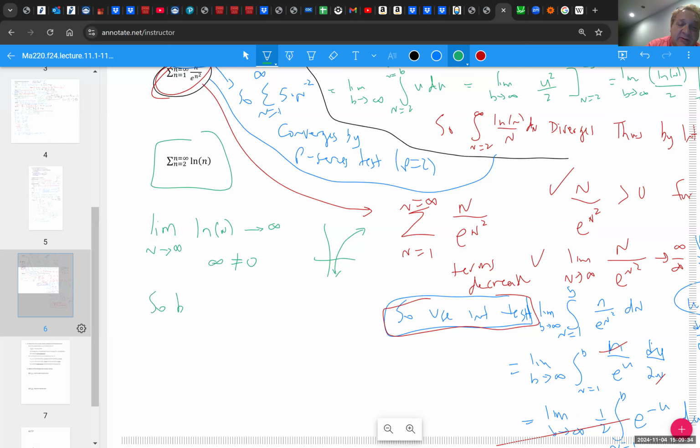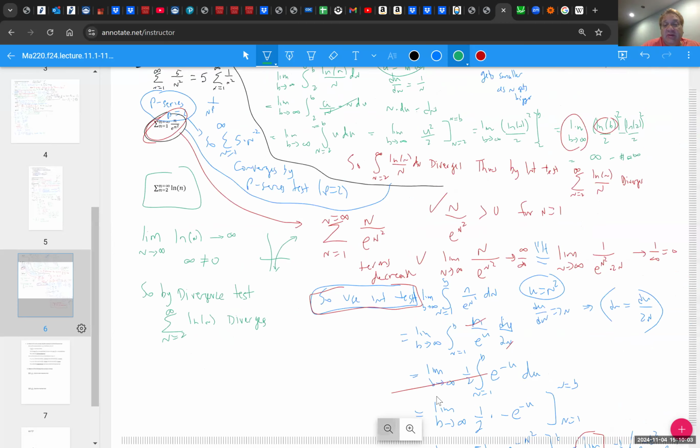So by the divergence test, remember, if the limit doesn't equal 0, we know that this series will diverge. I threw that in there just to remind you that you can use all the tests to help you determine whether things converge or diverge.